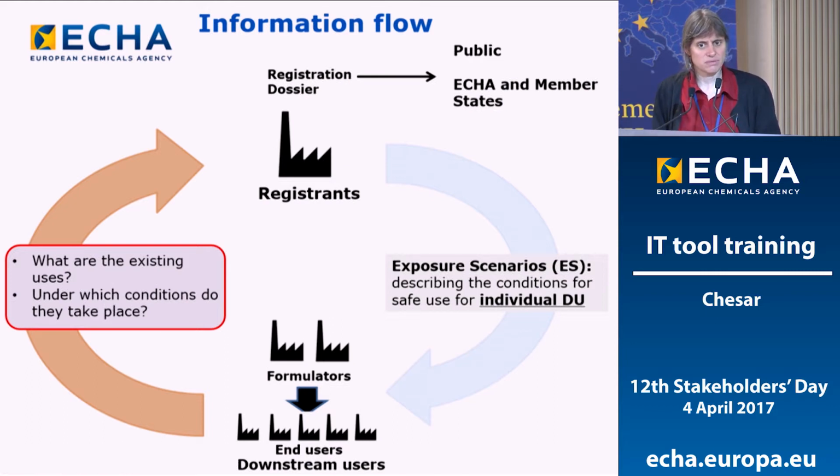This is critical information that the registrant needs in order to be able to do a meaningful assessment. And from this assessment, he derives the conditions for safe use in the exposure scenario, which is then communicated to each downstream user recipient, to each individual downstream user.